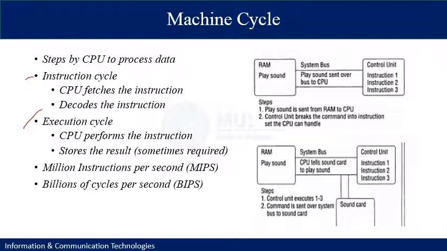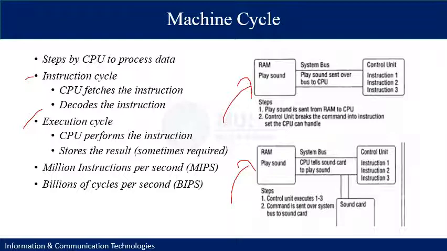So if you look at the example, we have the instruction cycle and the execution cycle here. In the instruction cycle, the CPU sends the instruction to fetch the sound, which in the steps is referred to as play sound, from the RAM to the CPU.